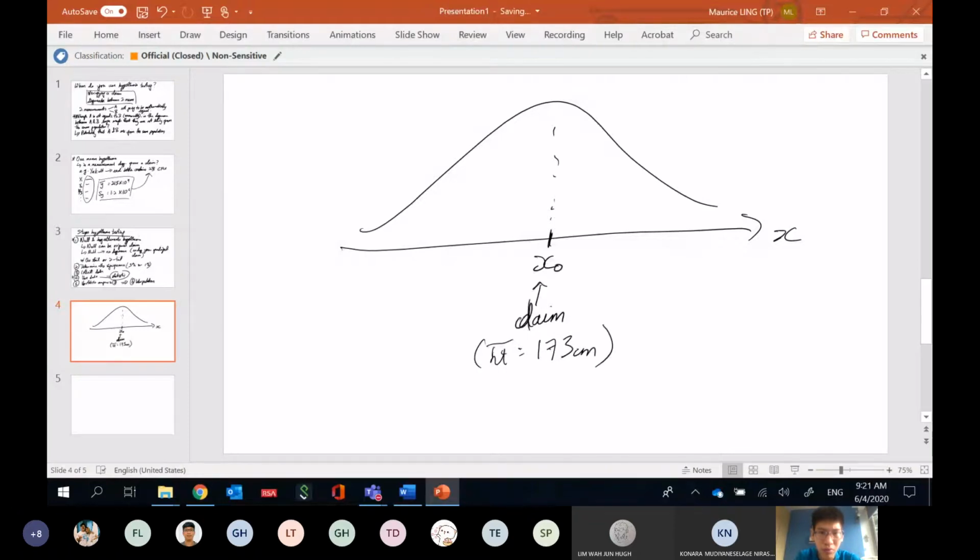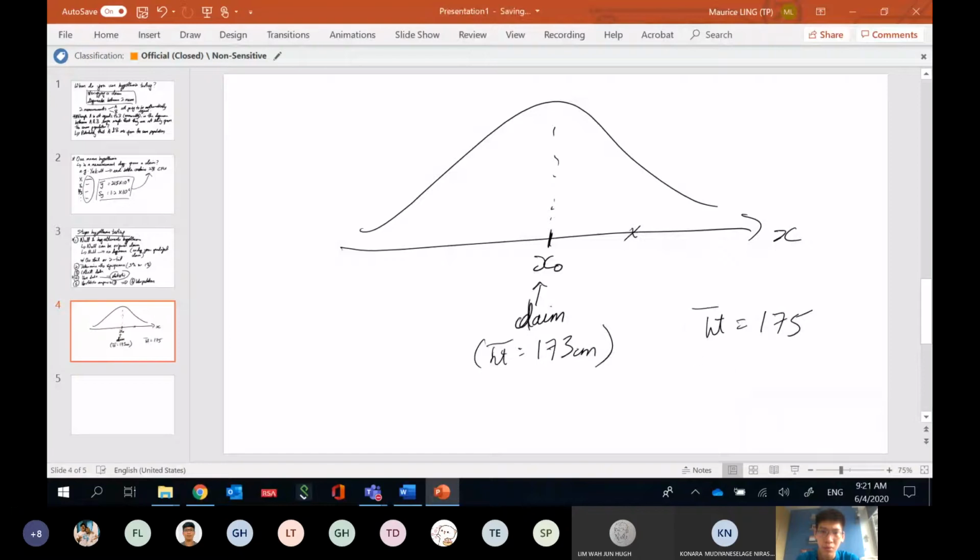And then my calculation is that my actual average height is, let's say, 175. So it will be somewhere here.